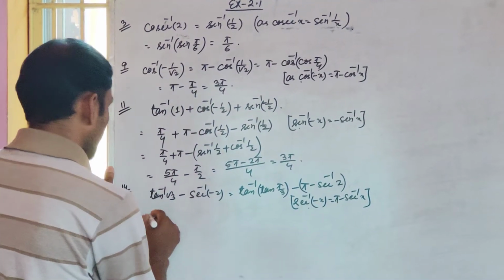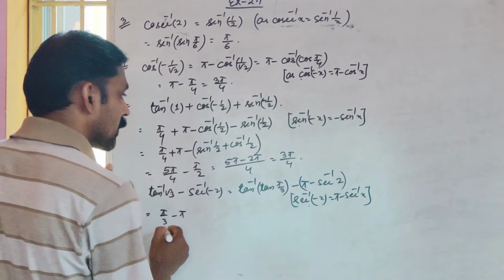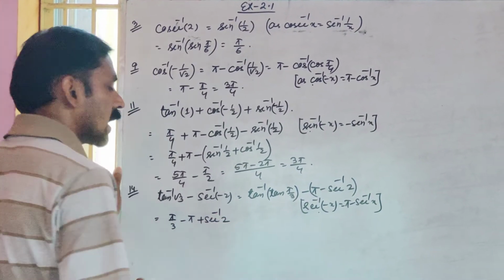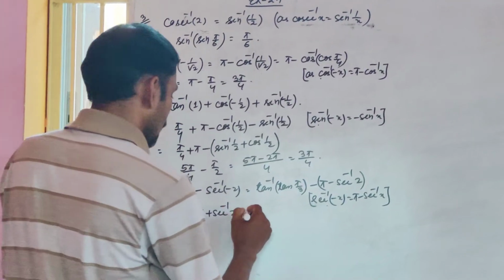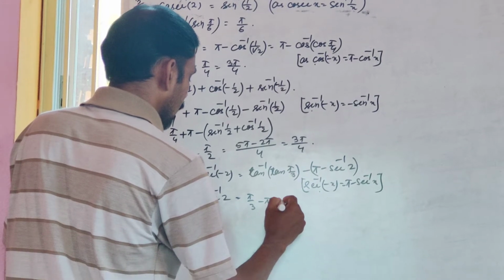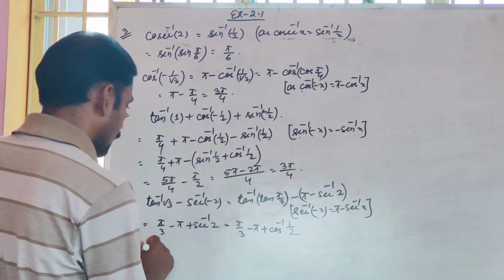Okay. So this is pi by 3 minus pi plus sec inverse 2. That is pi by 3 minus pi plus, you can write it as cos inverse 1 by 2.